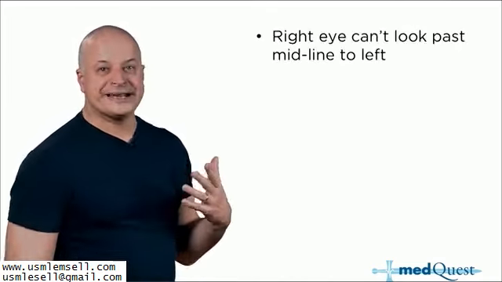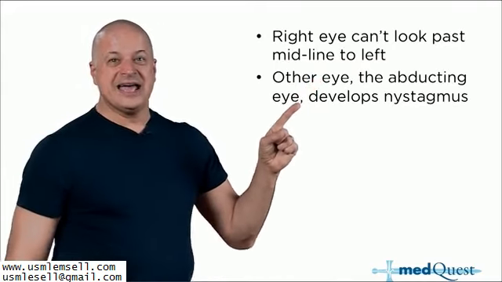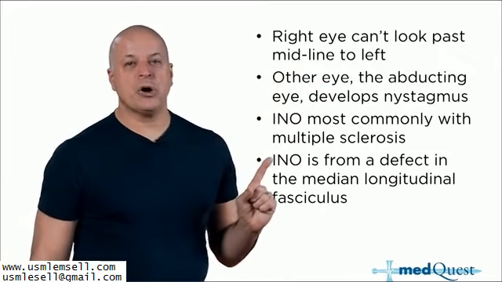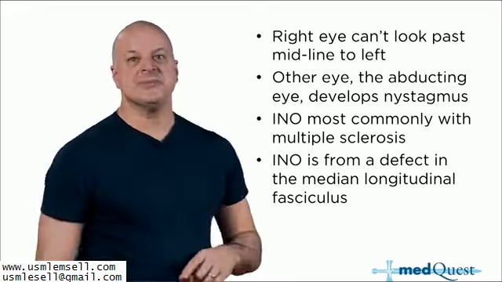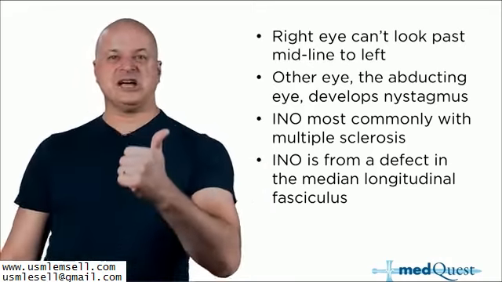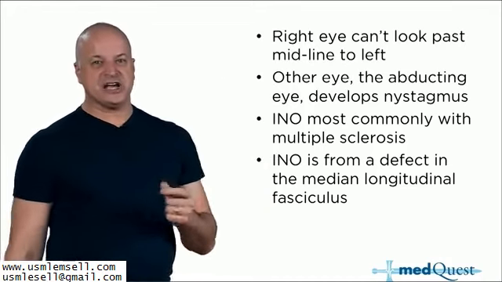It's multiple sclerosis of your brain stem. Your right eye, the eye with the defect, can't cross the midline because it can't adduct, and the other eye is developing some nystagmus, and it's from multiple sclerosis. And every time you see the word multiple sclerosis, MRI is the best initial test, MRI is the most accurate test.